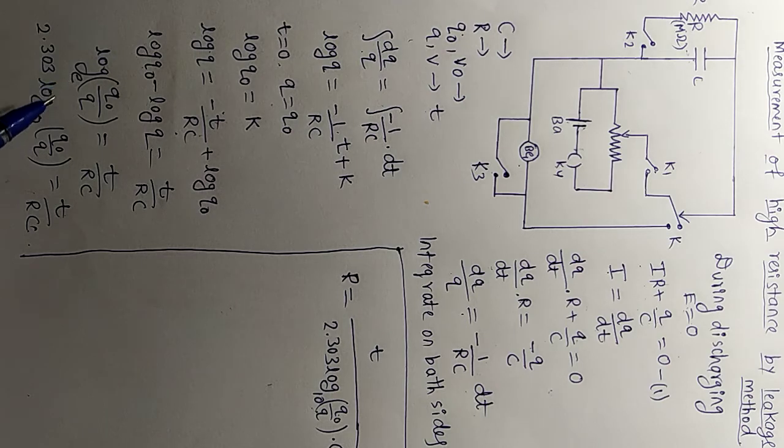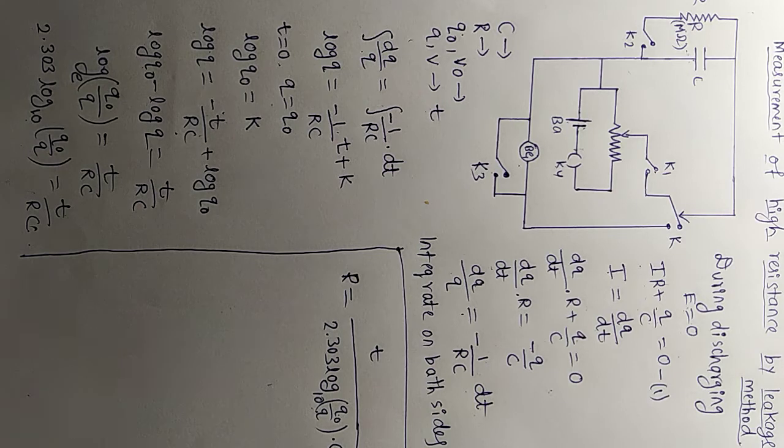Now I want to change log to the base e to log to the base 10. If you want to change like this, you should multiply with 2.303. You already studied this in mathematics. So we get 2.303 log to the base 10 of Q0 by Q is equal to t divided by RC.